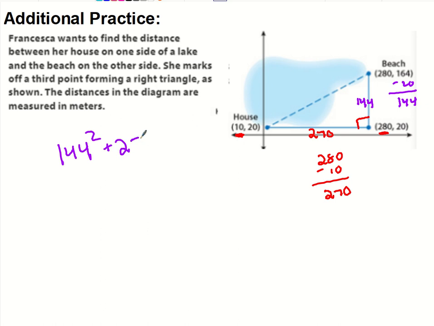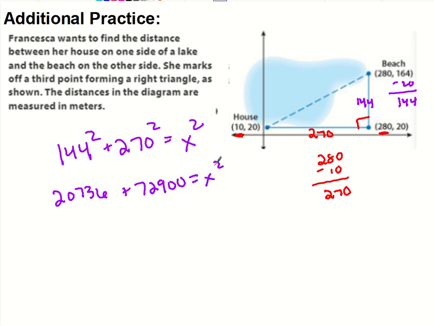144 squared plus 270 squared equals, and the distance we're just going to call x squared. Now these are some large numbers here, so this is where it'll be really nice to have a calculator. Imagine not having a calculator for this. Well, you could do it.